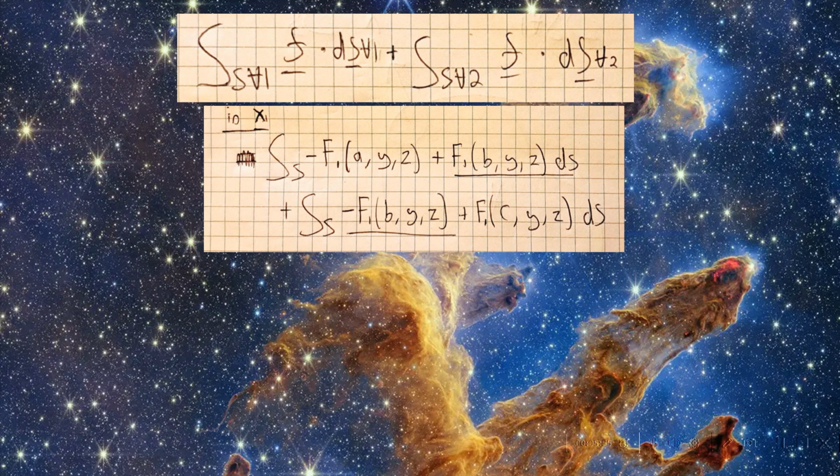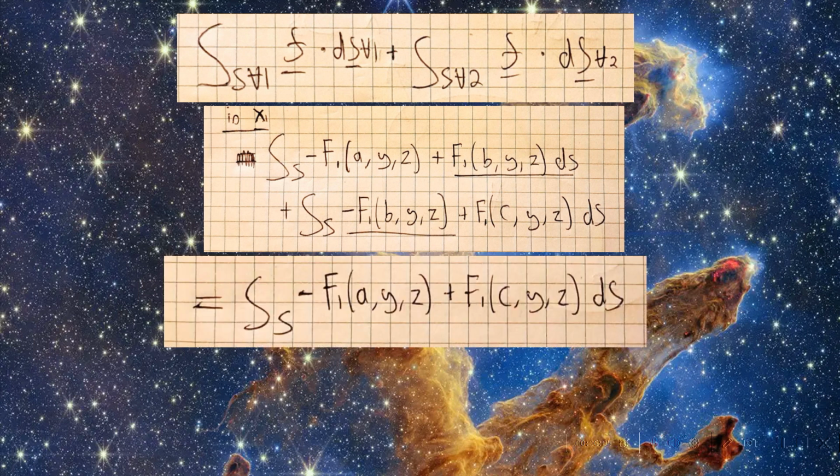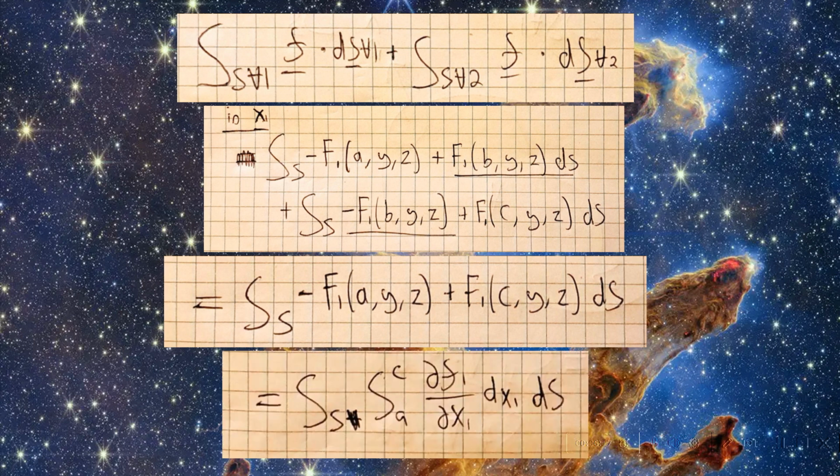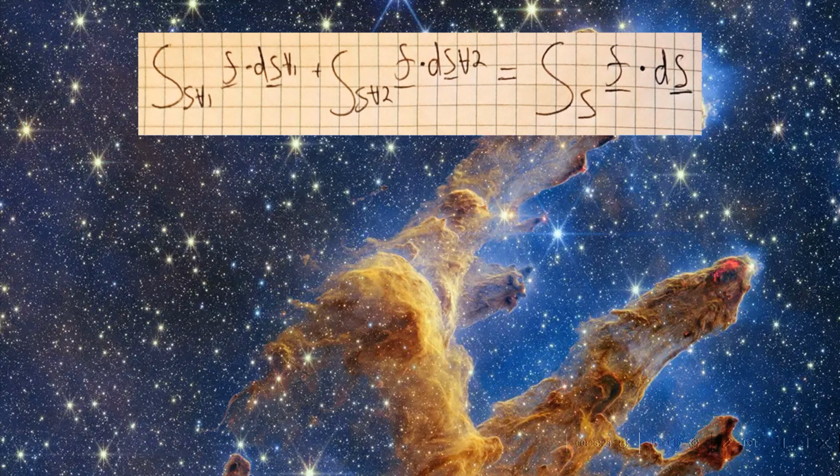So now you can see that there are two f1 terms evaluated at B. They're underlined, and they're actually going to cancel out because one is positive and one is negative. So now we have f1 evaluated at A plus f1 evaluated at C. And again, you can use the fundamental theorem of calculus to turn this into a volume integral.